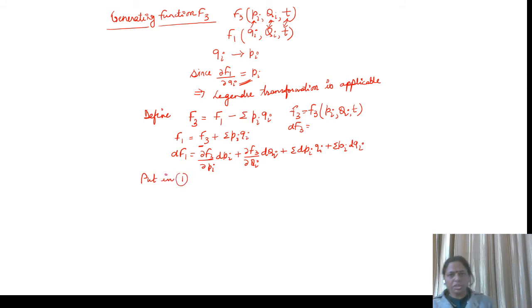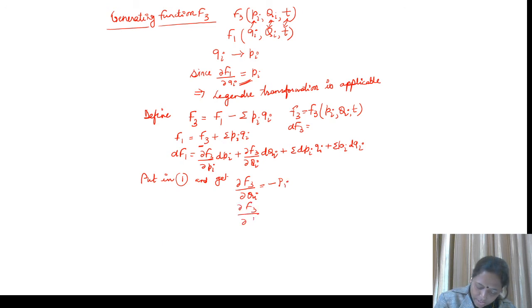Again make the combinations as I did for f2, and then from those combinations you will get relations like delta f3 delta qi is equal to minus pi, delta f3 delta pi is equal to minus qi.